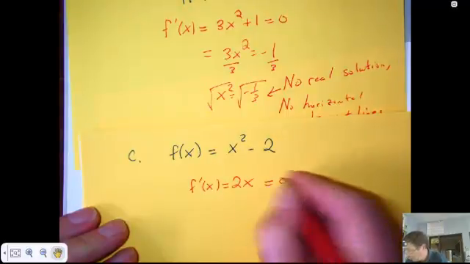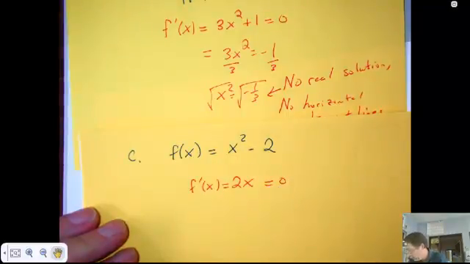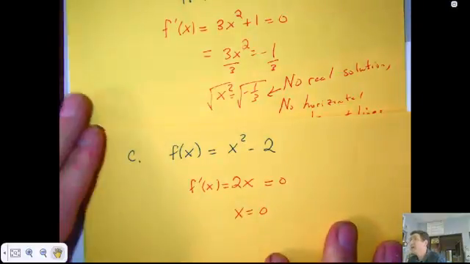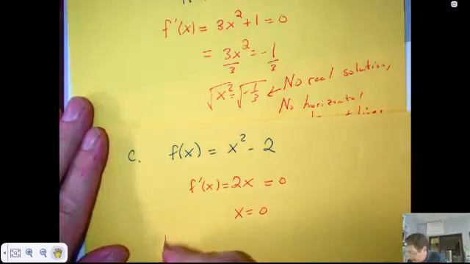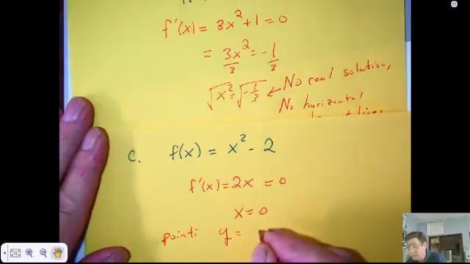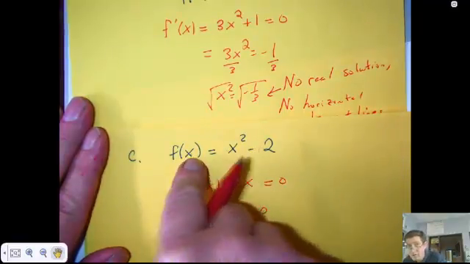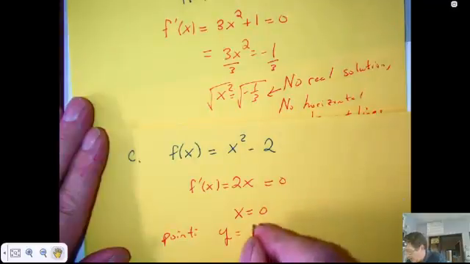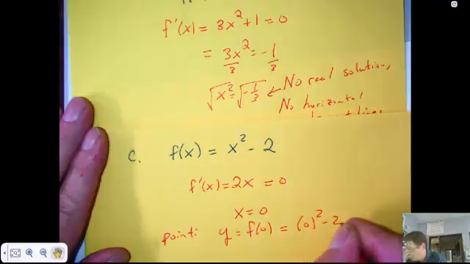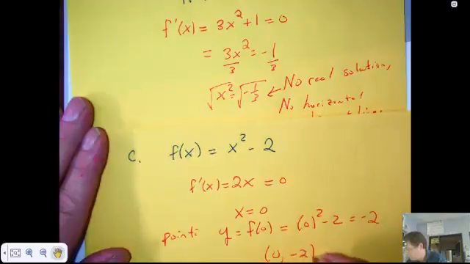We set that equal to 0. So x would be 0, right? Now, let's say the question wanted the point that happens at. How do I find the y value for the point? Y would be, what do I plug 0 into? To the function, right? Y would be f of 0. So that would be 0 squared minus 2, so is that 0, negative 2?